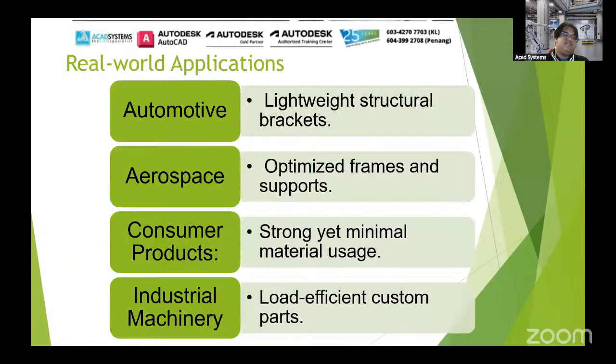Okay, here are some real-world applications for you guys to get ideas on where you can use the shape generator. So in automotive, for example, you can use it on lightweight structural brackets. For example, the one I gave just now, we can use it in suspension assemblies or maybe even throughout the chassis parts where you may not necessarily need the extra strength.